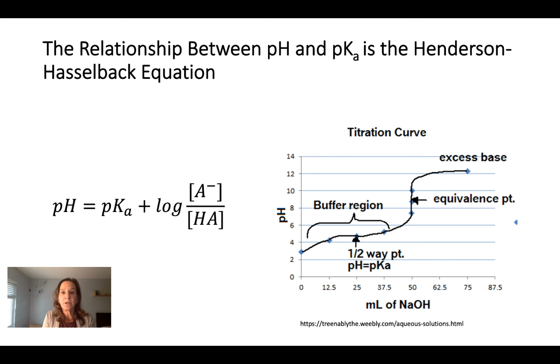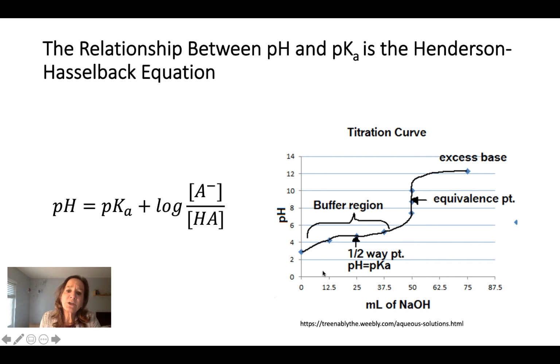Since there's no longer any hydrogen ions or weak acid to be used, you only have base, and this equivalence point now shows that you've gone completely basic. So you're pretty much just measuring the pH of your sodium hydroxide. That's the equivalence point, where you've used up all of the hydrogen ions coming from your weak acid.